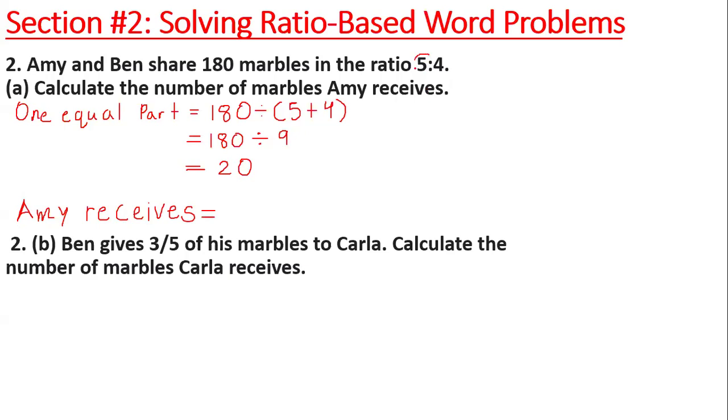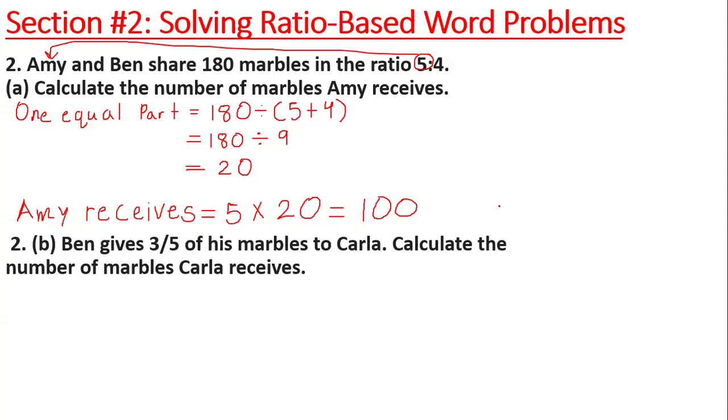Remember, Amy has 5 equal bars of marbles. So Amy is 5 times 20, which gives us 100. Very good. 5 times 20 is 100. Okay, good.